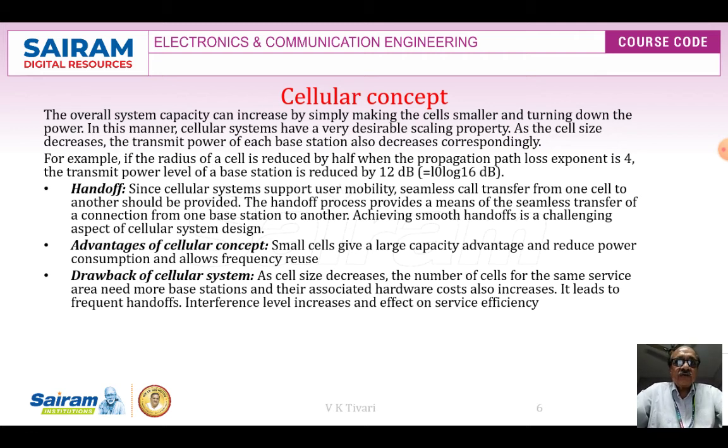So what is happening is that when moving, a request has to be sent to the base station, or the base station should see, depending on which particular generation, 1G, 2G, 3G. Earlier, the base station was sending a request that somebody is entering its area, and it would measure the power.